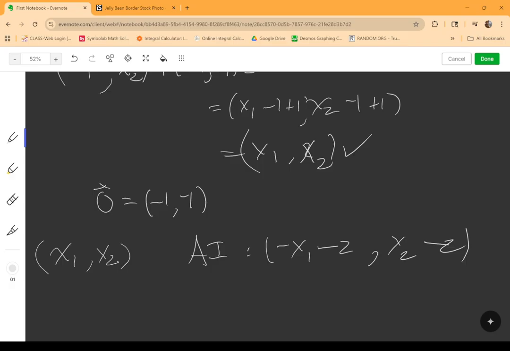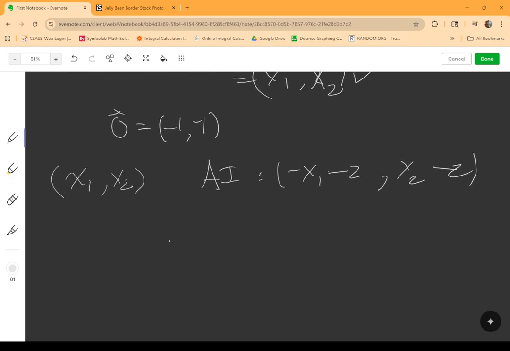All right, and we can see here when we do add these, right, (x1, x2) plus (negative x1 minus 2, negative x2 minus 2).